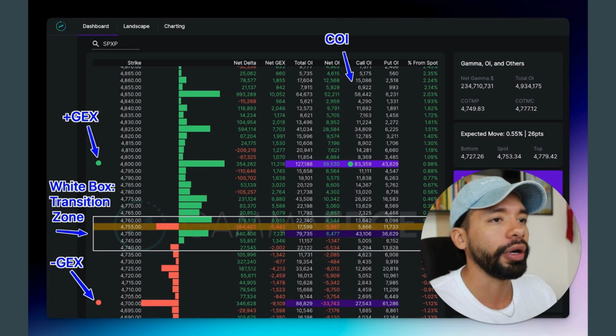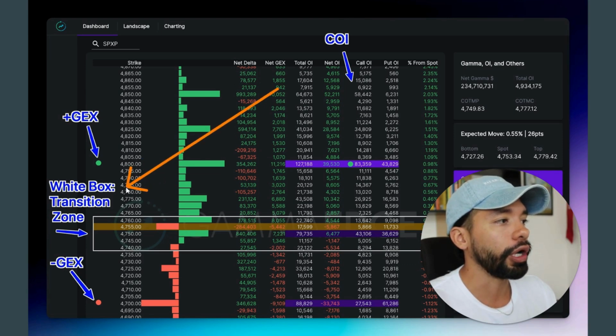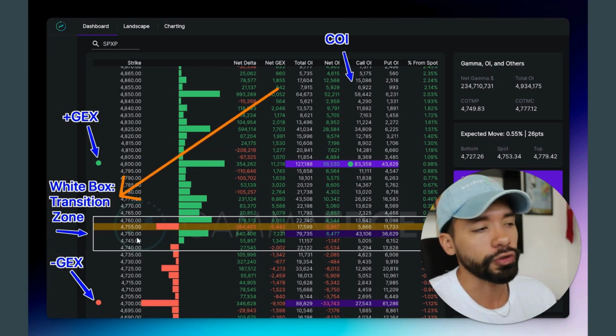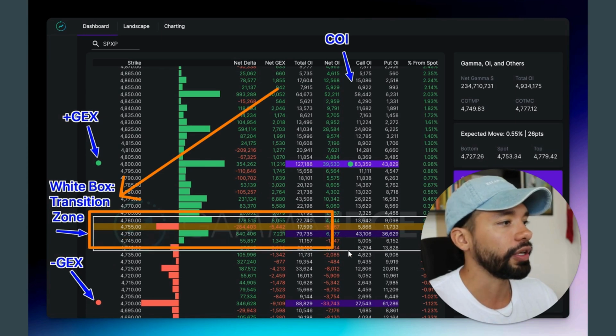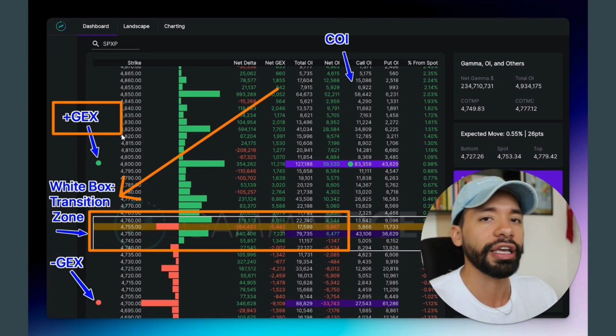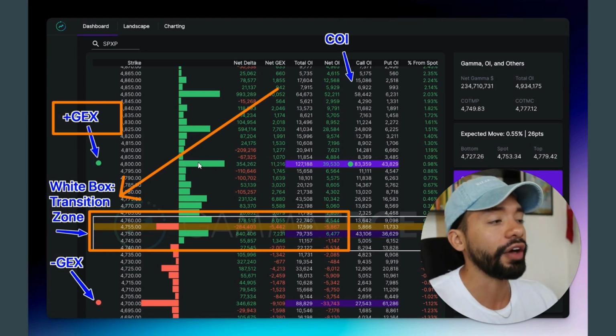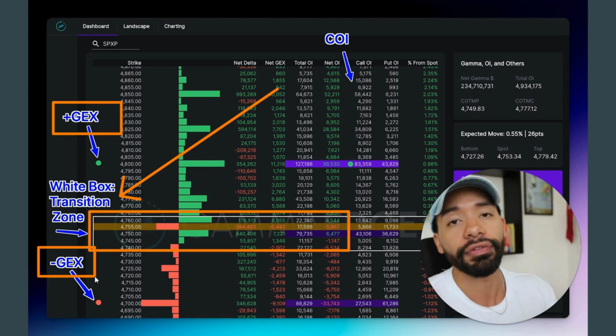We're going to cover this transition zone, which is this white box right here, and then we're going to talk about the positive GEX, the positive gamma exposure that tends to act as a really strong level of resistance. And then we're going to talk about the negative GEX.